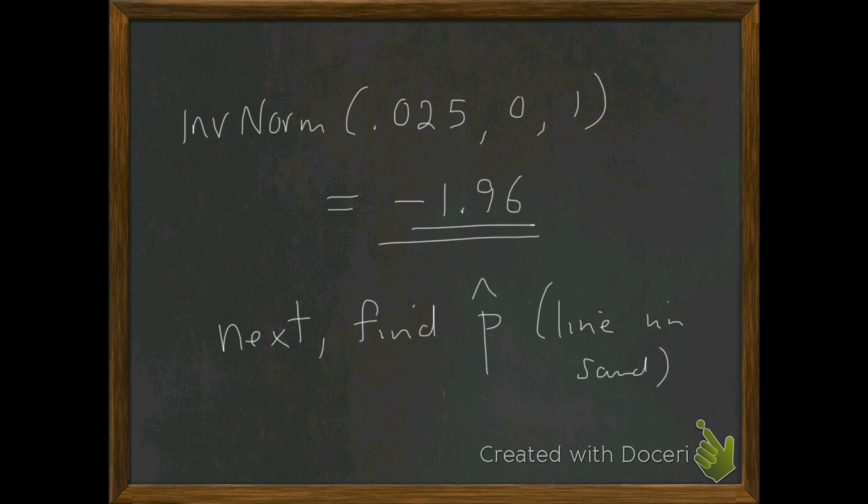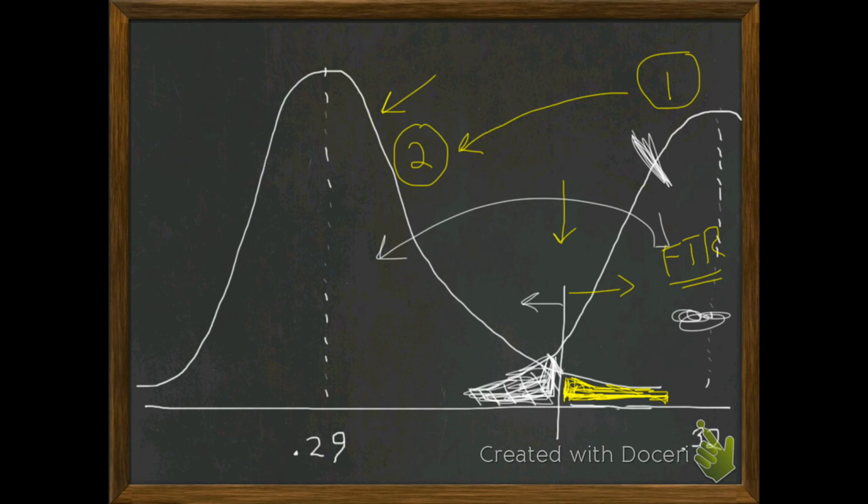Why? Because the negative 1.96 was in the context of 0.32.